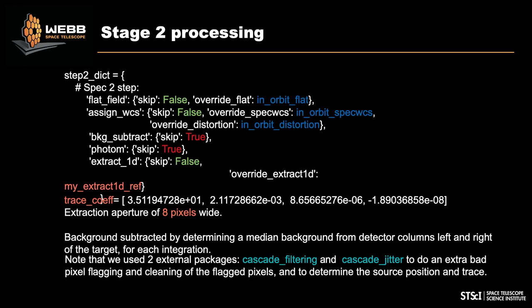But to be absolutely certain we don't get any effect there, we determine the polynomial of the trace and use that in the spectral extraction with an 8 pixel wide extraction. Background we subtracted using a median background based on several detector columns next to the source.